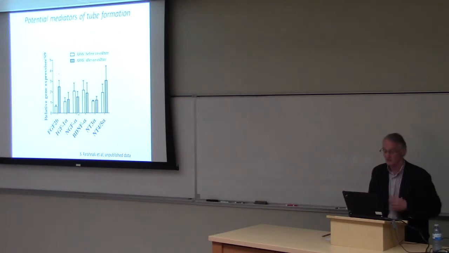So we screened a number of these molecules, and one of the fibroblast growth factor family, which is quite large, popped up as being overexpressed in the muscle when it was co-cultured with the T cell. So we focused our attention on that.